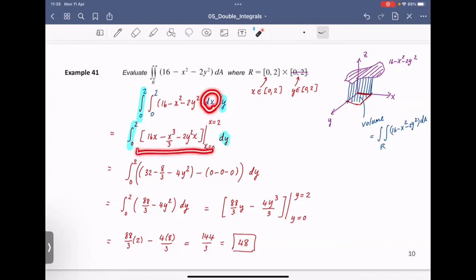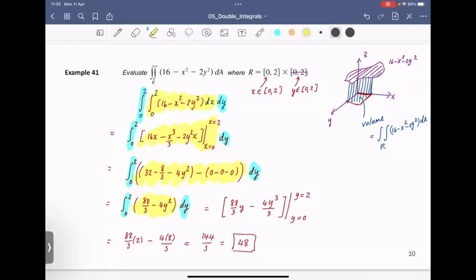You can see I do not touch y at all. y is the outside one. So I integrate with respect to x first. The yellow part here, this is integrating with respect to x. Once I complete that part, now I only have y left, and then I can integrate with respect to y after.